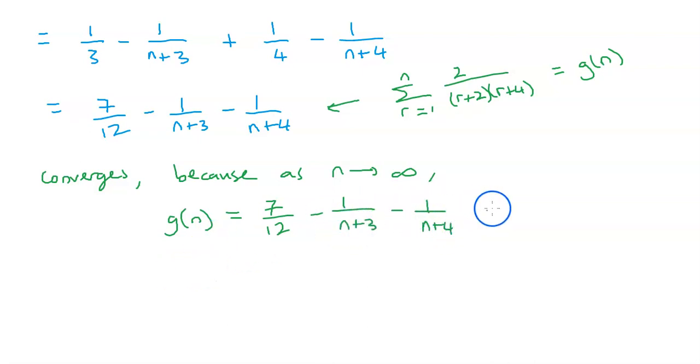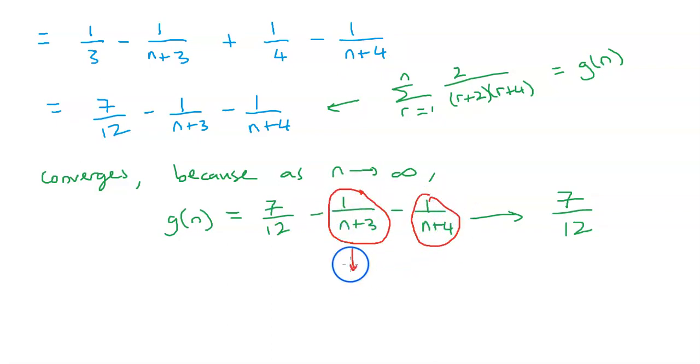We know that g of n tends towards 7 over 12 because as n tends to infinity, this thing tends towards 0 and this thing tends towards 0. So the whole thing tends towards 7 over 12. So that means the bigger we make n, the more of these terms we add on, the closer and closer we get to 7 over 12.